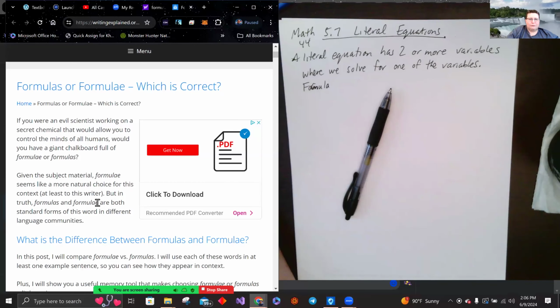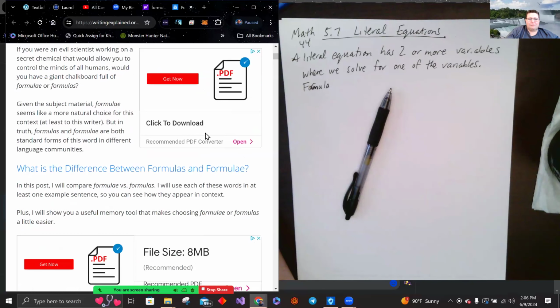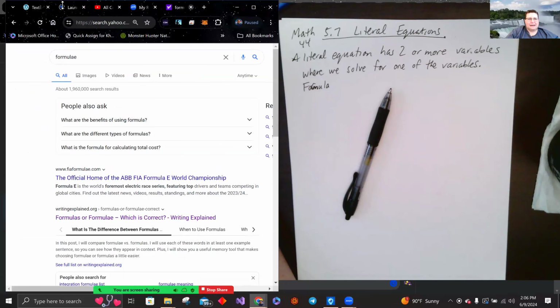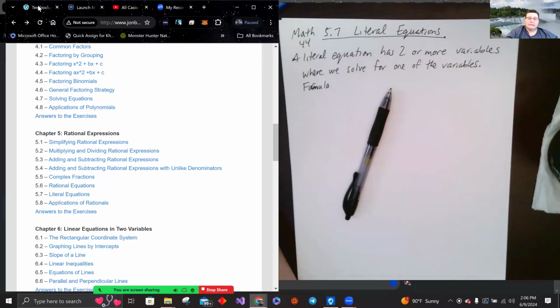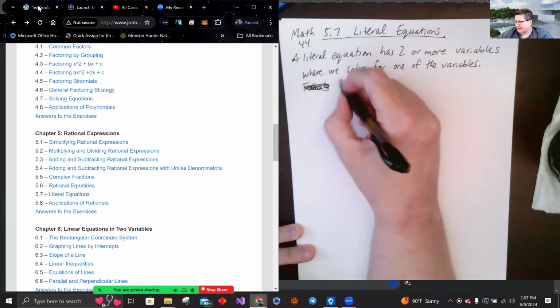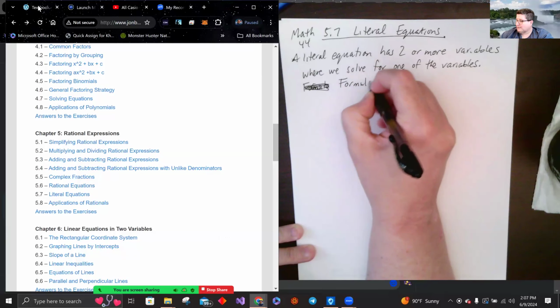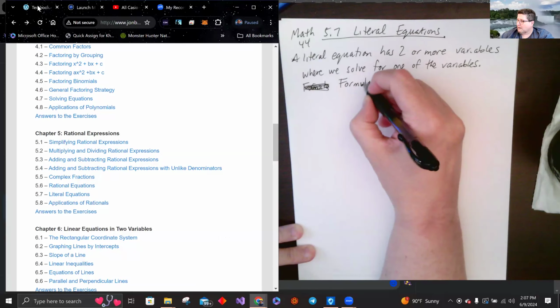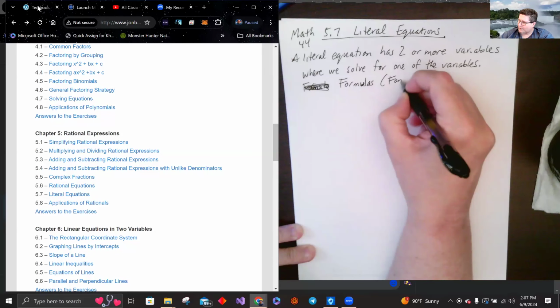Formulae is a plural form. So formulas or formulae. That's for me being an avid reader. I like to read a lot. So formulas, also known as formulae.